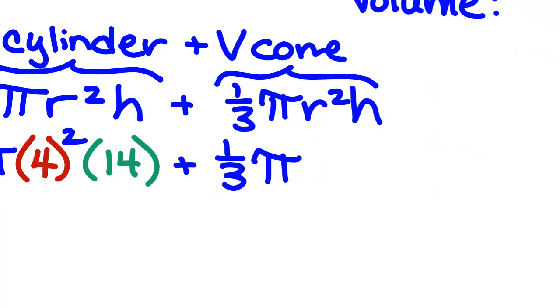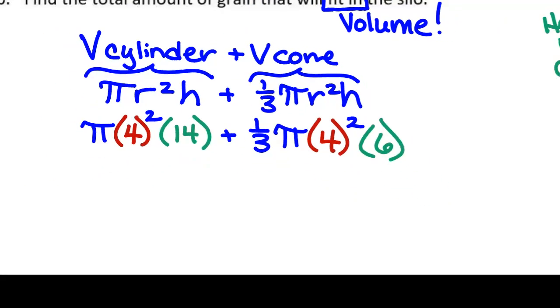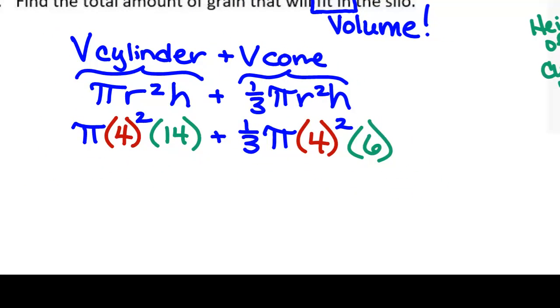pi times, what's the radius of the cone? Radius of the cone is 4 times the height of the cone, which is 6. You're right. And then we pop that whole thing into our calculator.